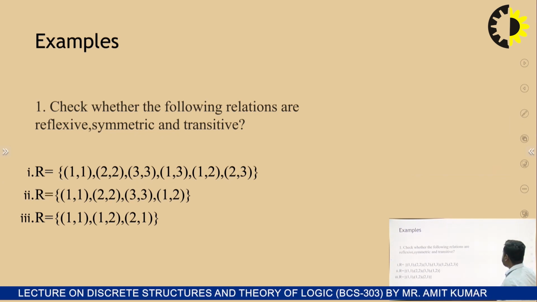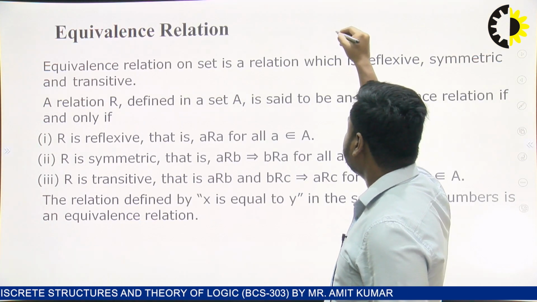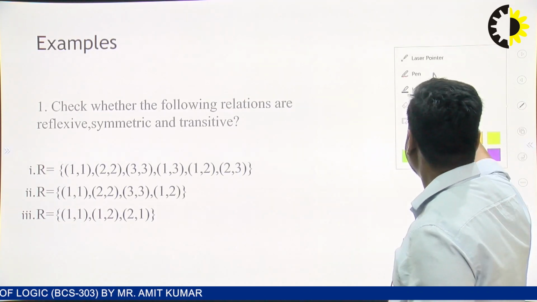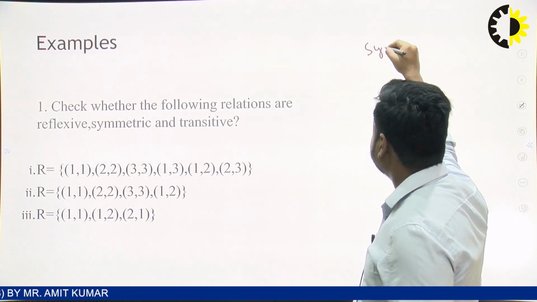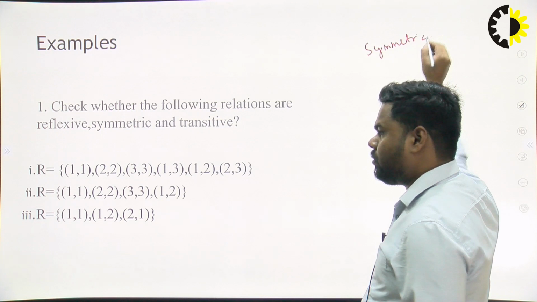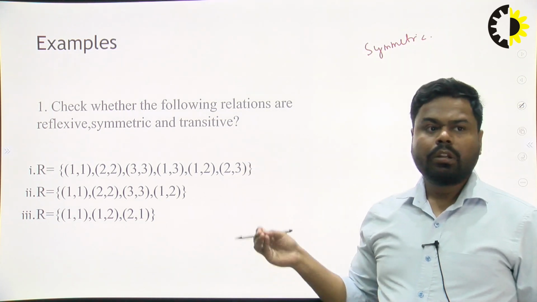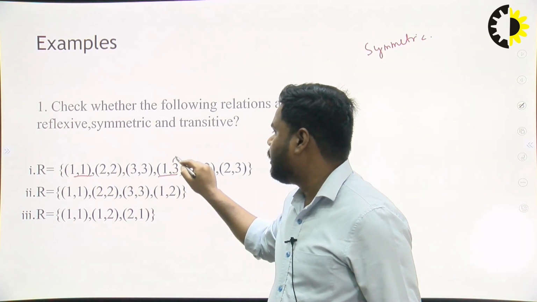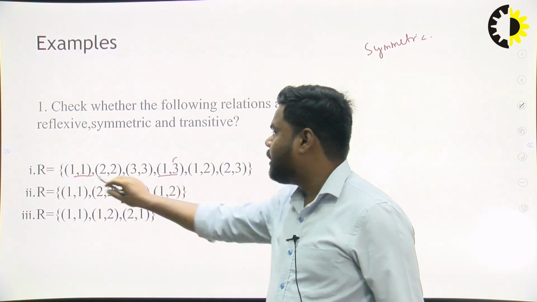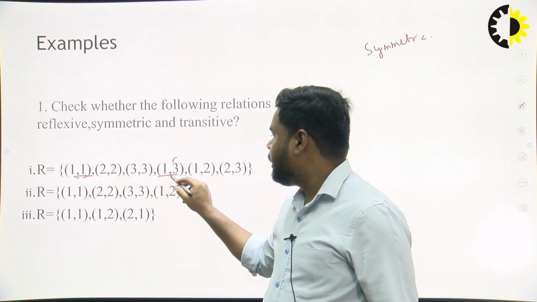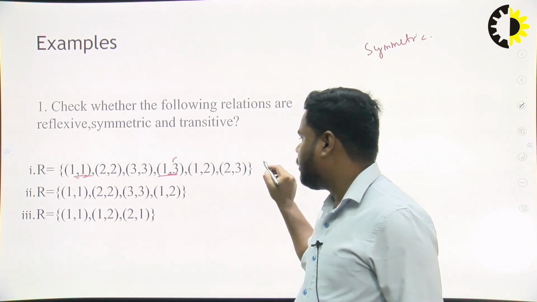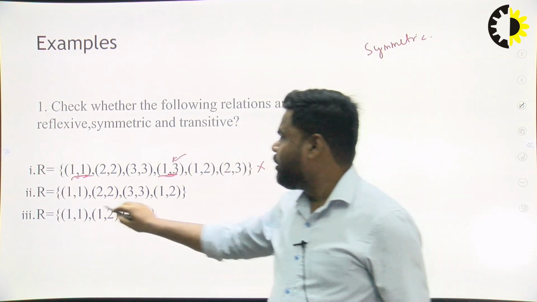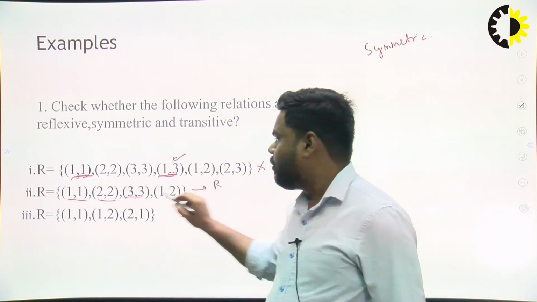For checking symmetry, we will check if A is related to B, then B is also related to A. So here we check (1, 1) and (1, 3), and (3, 1) is not present, so this is not symmetric. (1, 1), (2, 2), (3, 3) are present, so it is reflexive.